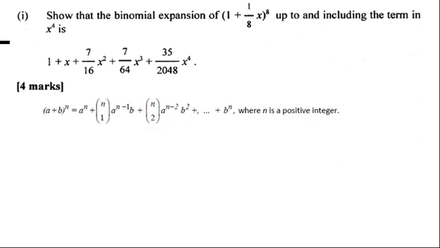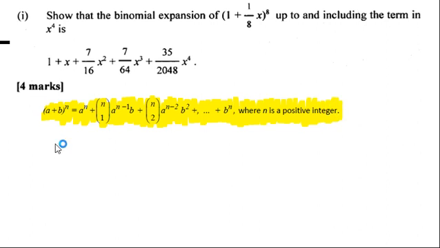All right, so this is the formula that is on your formula sheet. And this is what we're going to be using for our expansion.